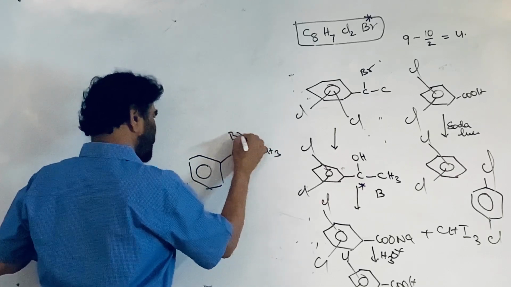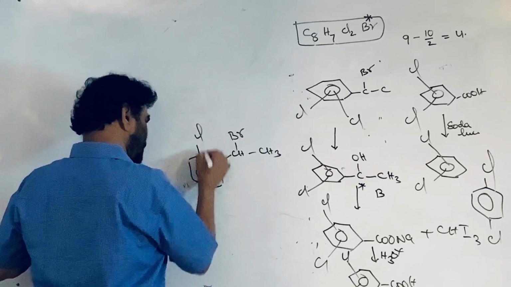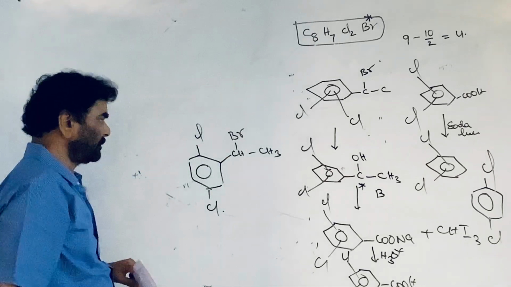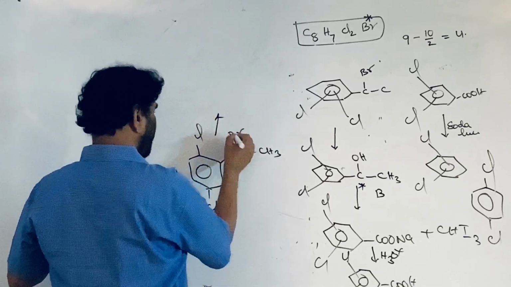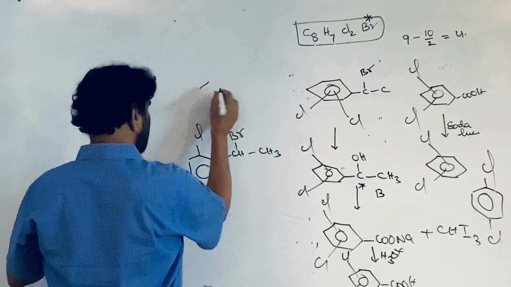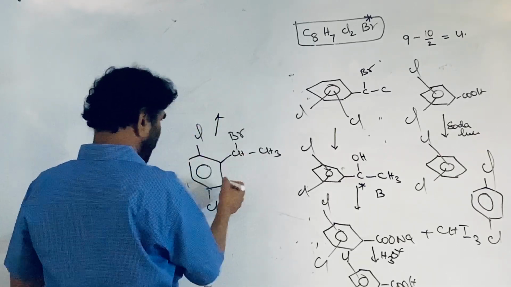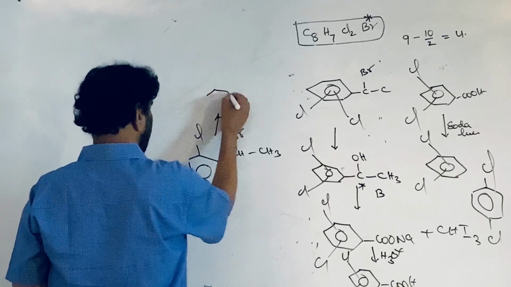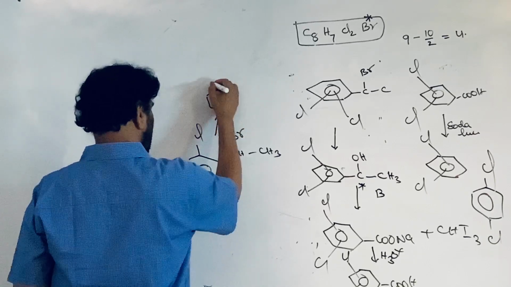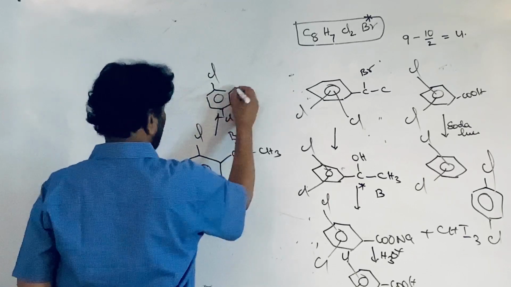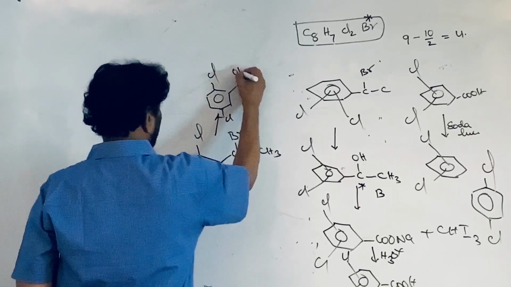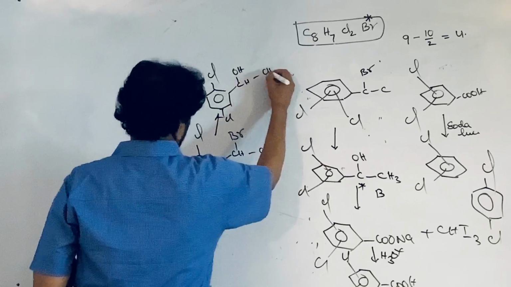CH3, benzyl bromide. This is Cl, this is Cl. This on treatment with silver nitrate solution followed by base gives the Cl, Cl, CHOH, CH3.